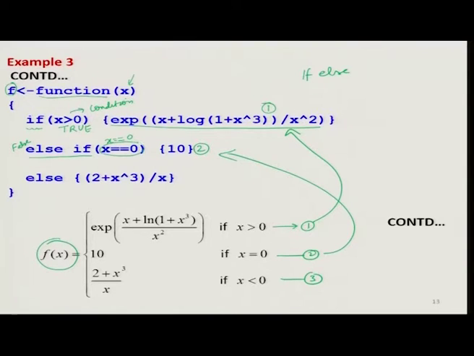This x equal to 0 is related to here. And in case this condition is true, then this 2 is executed.